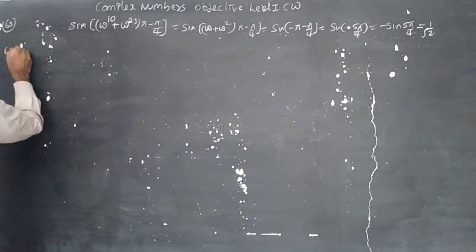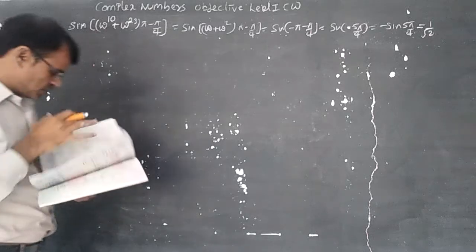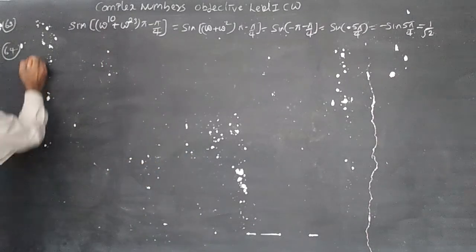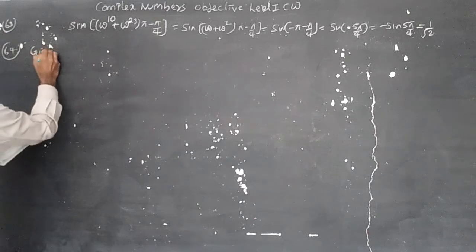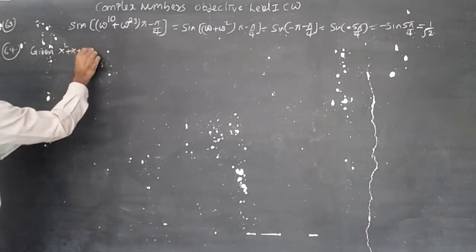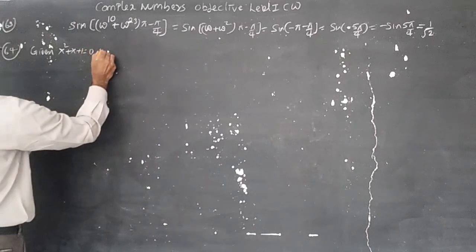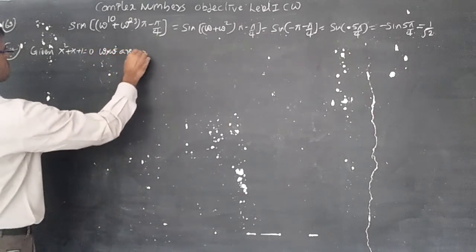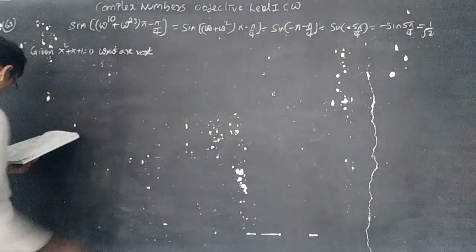64th question. Maybe in the quantity expression objective we have discussed this question. X square plus x plus 1 equal to 0. Given whenever x square plus x plus 1 is equal to 0, directly you can understand that omega, omega square are roots. It is obviously true.